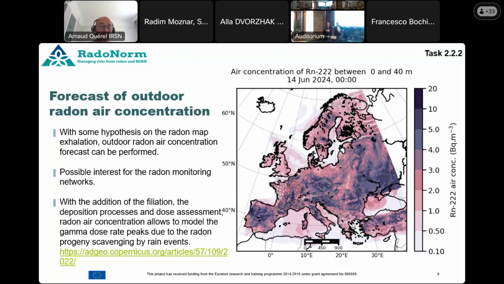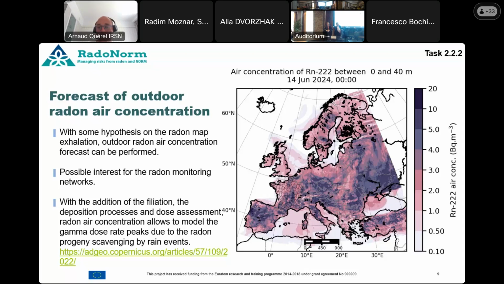And it also has an interest when we add the filiation and the deposition processes of the radon progeny, because the radon progeny, when they are scavenged by rainfall events, lead to a very important, sometimes, increase of gamma dose rate, which leads to false alarms in the monitoring network of the gamma dose rate, which is surveying the radiation environments. And this work was already published.